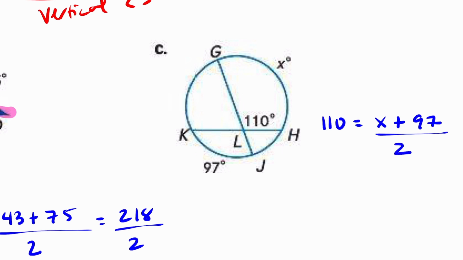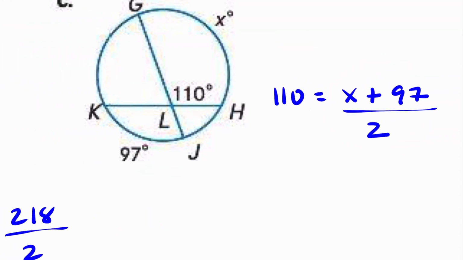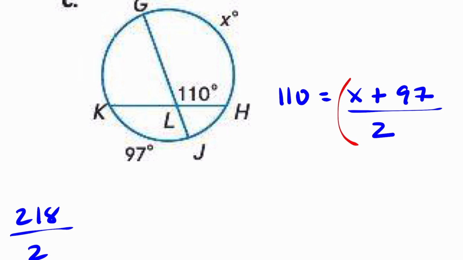Now, I'm trying to solve for x here. Notice that we have a fraction. I've got to multiply both sides by 2 in order to get rid of the number that appears in the denominator. So let's cancel those two 2's out.